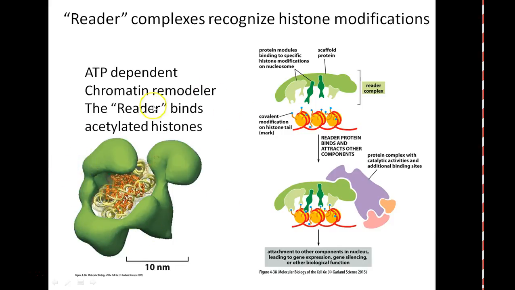In this case, this is an ATP-dependent chromatin remodeling complex, and it's known that this complex would be recruited to the acetylated chromatin. So here, if we have acetylated histones, those are the marks for this complex. So this complex will be recruited, and then it can recruit additional complexes, and this will translate into a specific chromatin state.